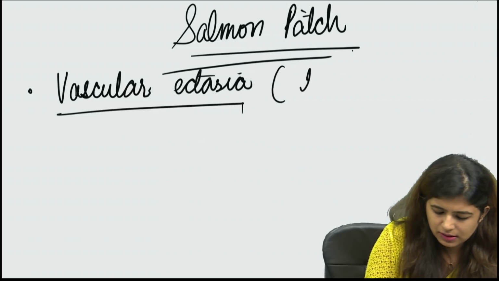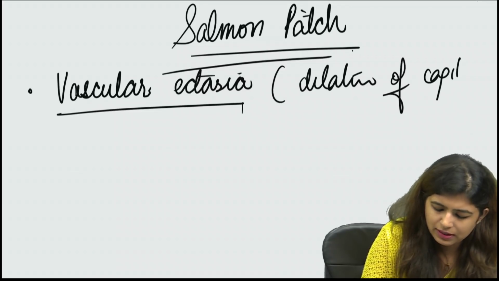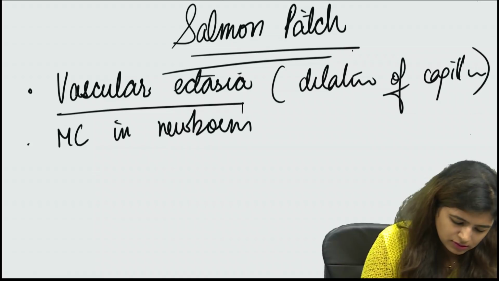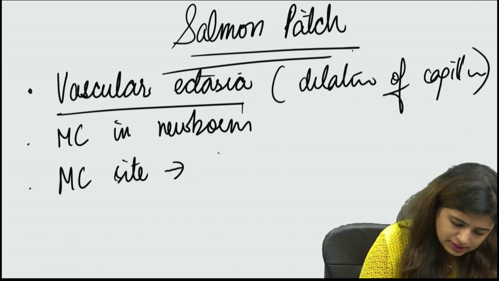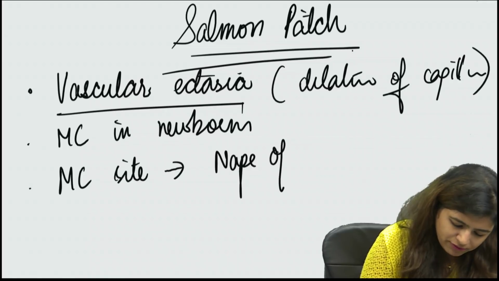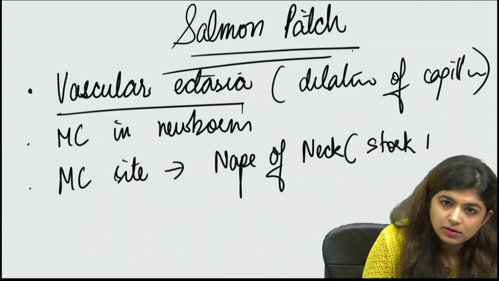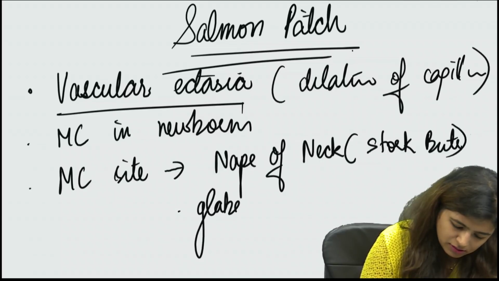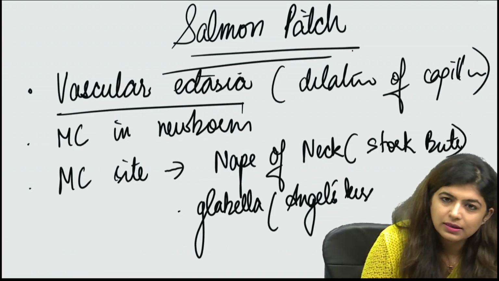Ectasia means it is a dilatation of blood capillaries. It is most common in newborns. Most common site is the nape of neck, where it is called the stork bite, and the glabella, where it is called angel's kiss.